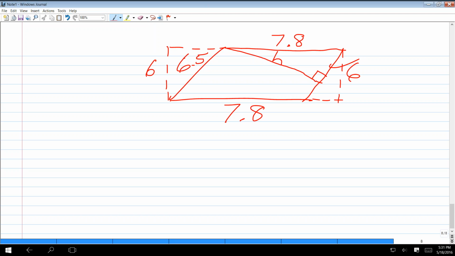I'm not sure. They haven't given us any angles. However, we have this right angle here, and we have this hypotenuse, and we have that measurement. So we can solve for x easily.